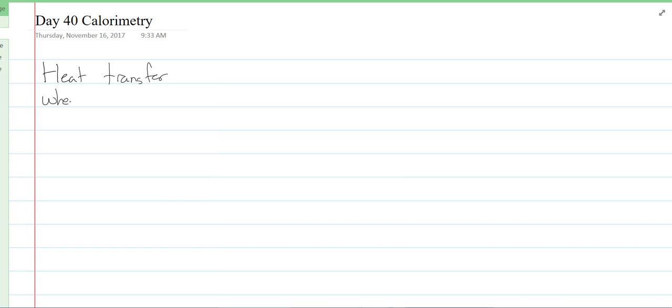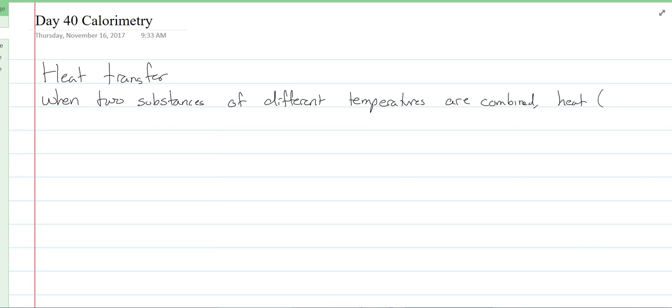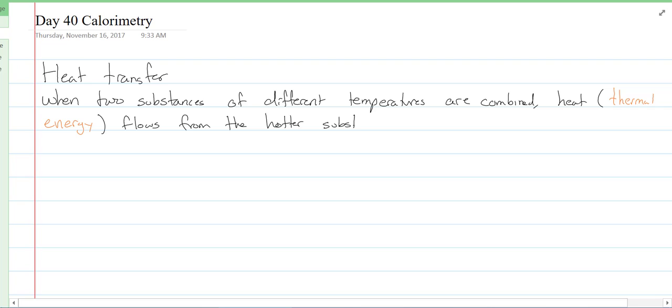We know that when two substances of different temperatures are combined, heat, which is of course thermal energy, flows from the hotter substance to the cooler one.